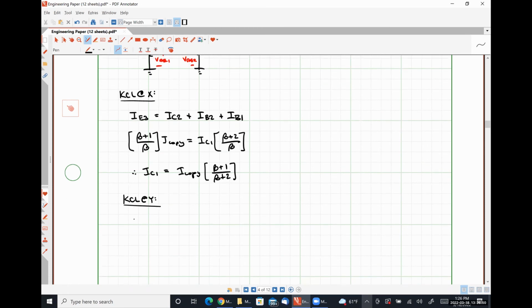So that's going to give us I ref is equal to IC1 plus IB3, where IC1 is I copy times beta plus 1 over beta plus 2, and IB3 is I copy over beta.